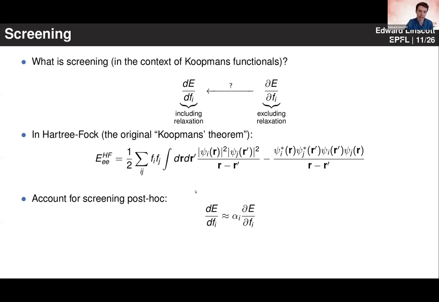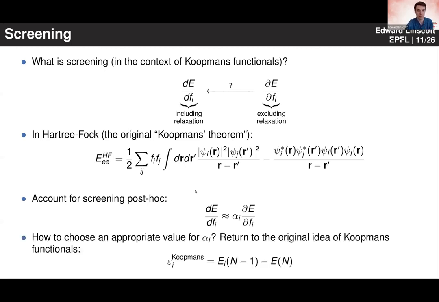And here, thankfully, we can return to our original motivation for Koopmans functionals, this idea that we wanted our eigenvalues to be equal to total energy differences. So we're going to use this idea to work out the appropriate value for our screening parameters.